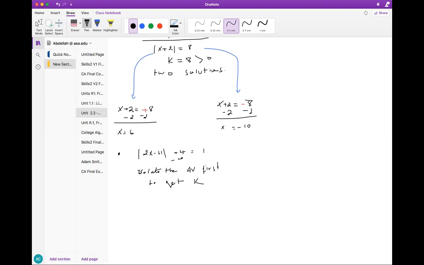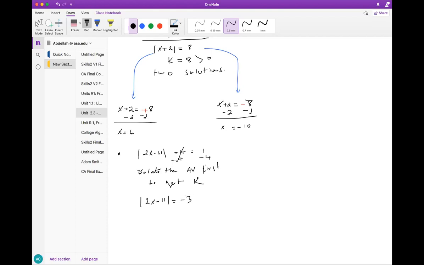So minus 4 here, minus 4 on this side. We end up with what? 2x minus 11 equals 1, take away 4. What's 1 minus 4? Negative 3. That's right, negative 3.